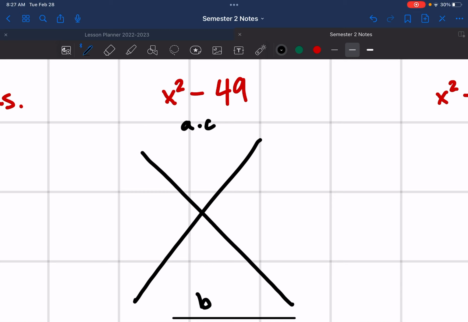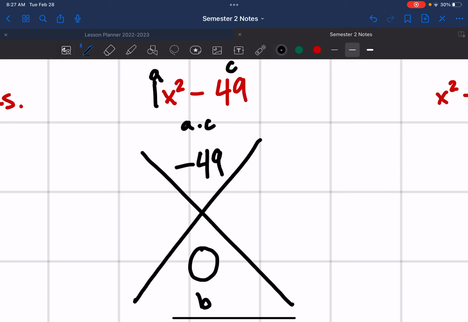Now, looking at this, we do have an a, which is 1, and we have a c. We are completely missing our b term for this question. Since I don't have a b at all, there's no x there or anything, I'm going to write in 0 for the bottom number. And for the top, I have a times c, so that's 1 times negative 49. I'm going to get negative 49 at the top.